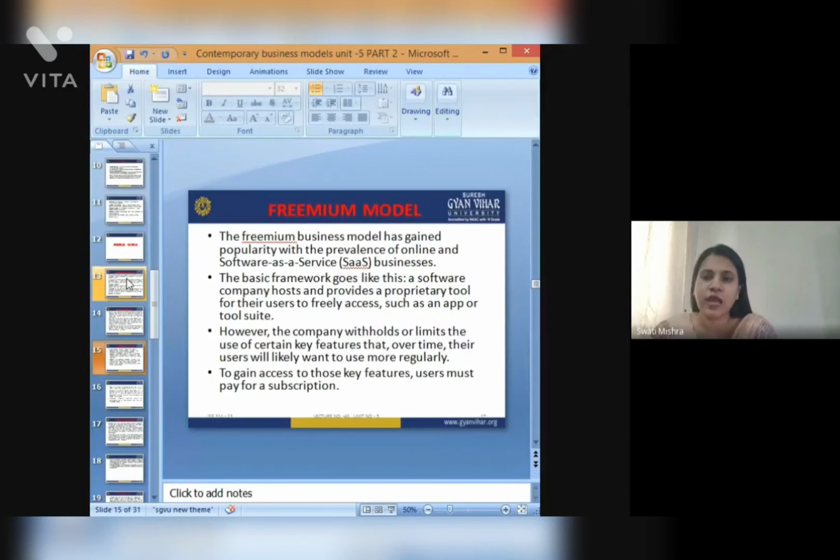I will use that software and be delighted by the features, but once I have created my entire video, I find out that it is leaving a watermark. It was free, but it is leaving its watermark. Now, if I don't want that watermark on my video, what will I do? I will have to purchase the subscription of that software by paying for it.